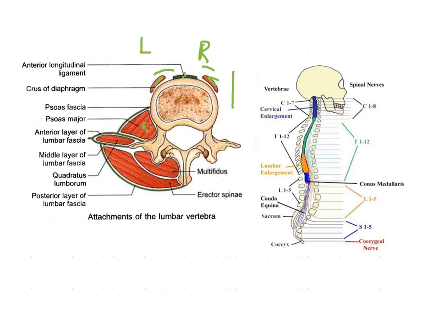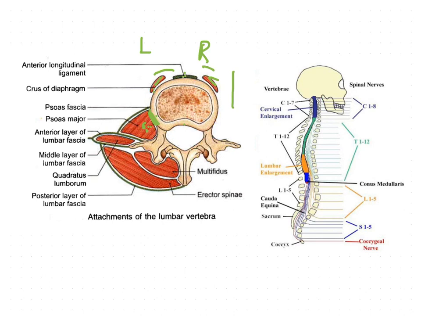It is present anterior to the transverse process. Still the muscle is present anterior to the transverse process, but this muscle is attached to the body of the vertebrae. That means this much part is going to attach here. The muscle is the psoas major, so it is giving origin to the psoas major muscle.